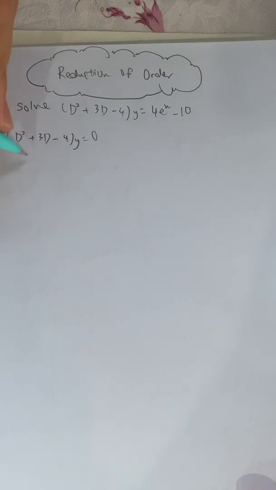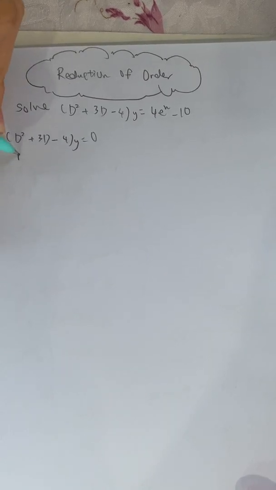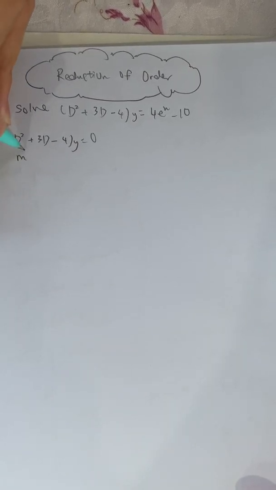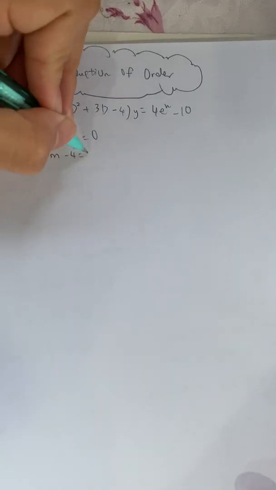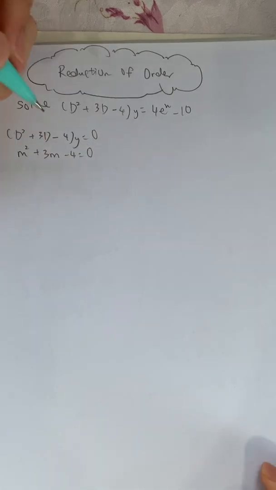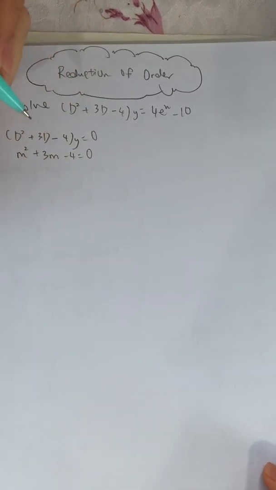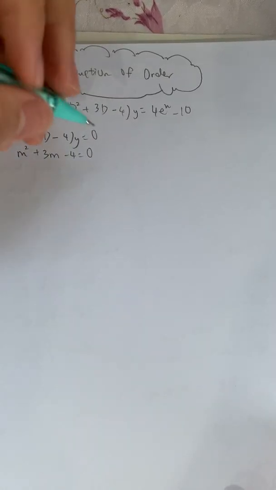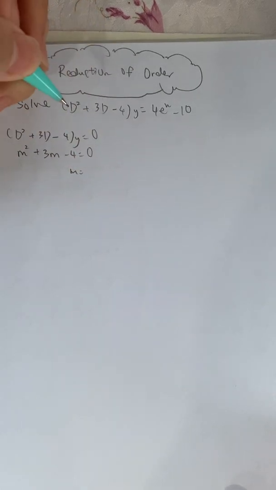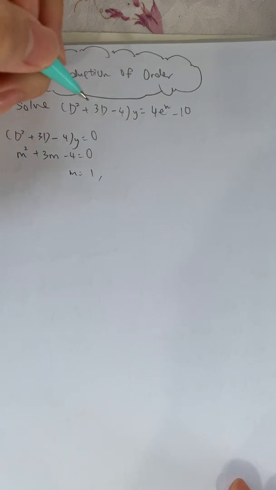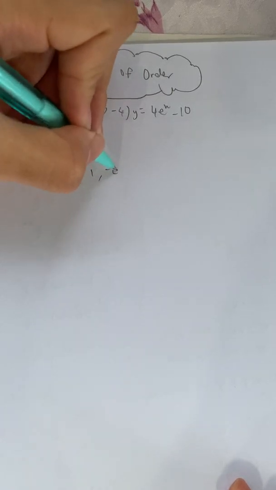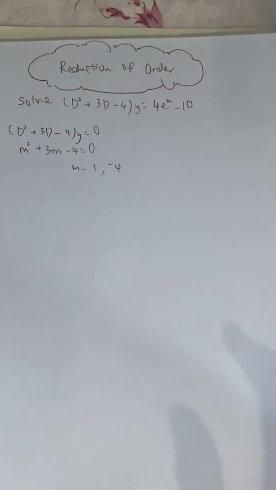And then we use the auxiliary equation to find the roots. We have m squared plus 3m minus 4 equal to 0. So from this equation we can find the roots, which is m equal to 1 and also m equal to minus 4.